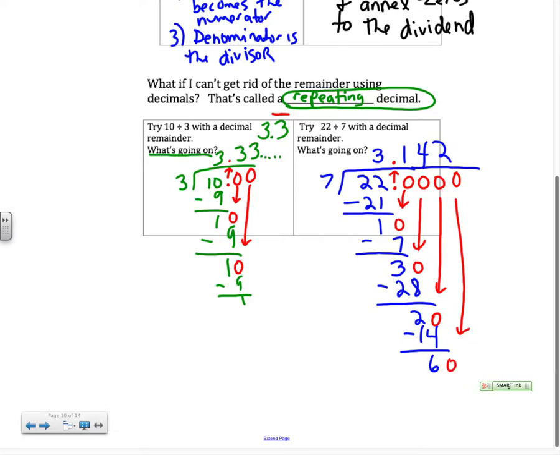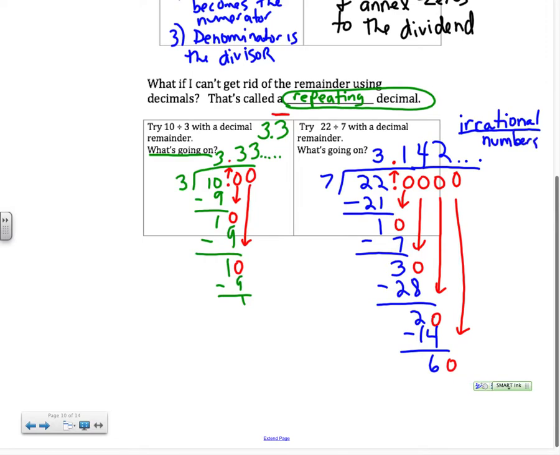I'm going to just tell you, there's no pattern, but these numbers will go on and on and on and on. So this is a repeating decimal, but since there's no pattern, we call this an irrational number. It's not rational, it's irrational. The pattern won't repeat, but digits will just keep going and going and going.